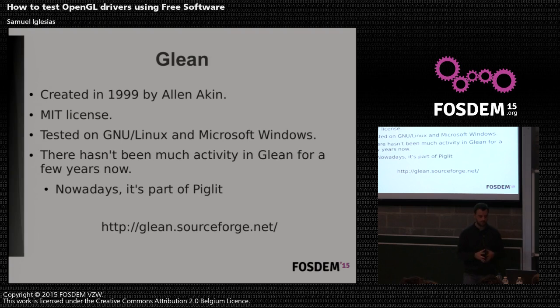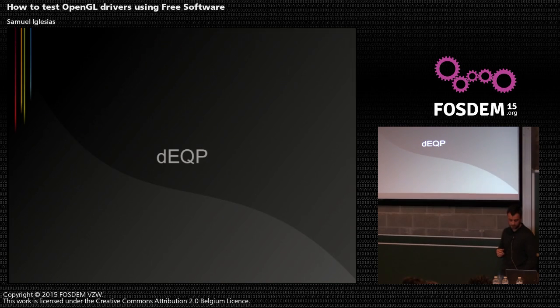But the good news is Piglit copied it, and now the Piglit community is maintaining this project, improving the tests and adding new ones. As it is already part of Piglit, I am not going to talk much about it. I'm going to focus on the others.